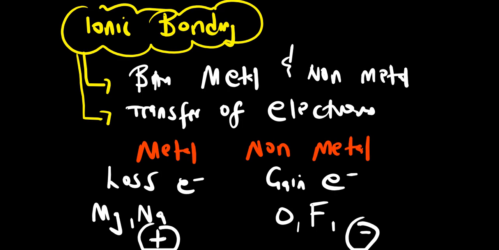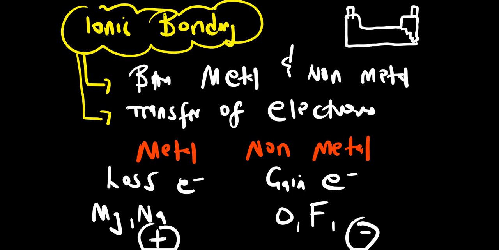Now, just as a reminder, if you look at your periodic table, let's say this is hydrogen and helium, like that. There's a zigzag that we draw on the periodic table.